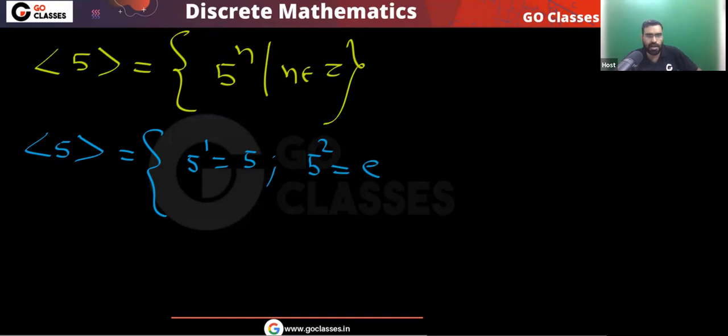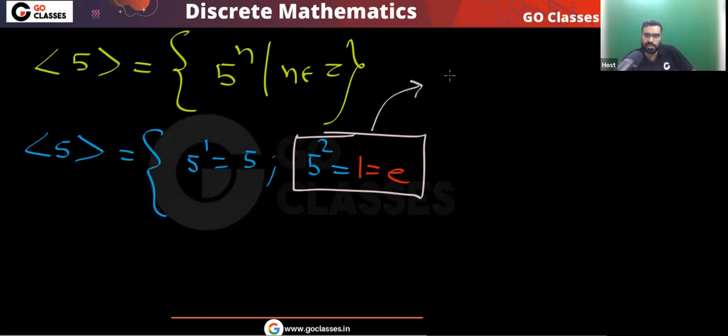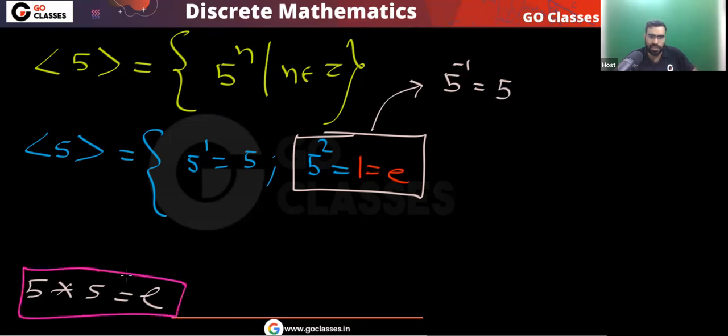What does it tell you? What is the inverse of 5? 5 inverse is 5, because 5 star 5 is equal to the identity element. So it automatically means that 5 inverse is equal to 5.